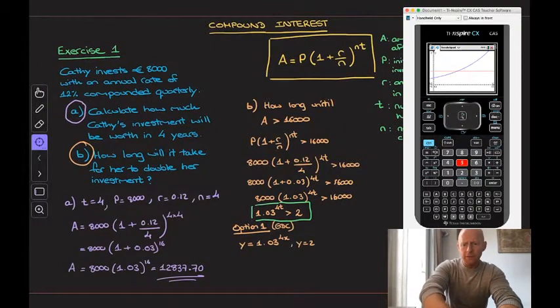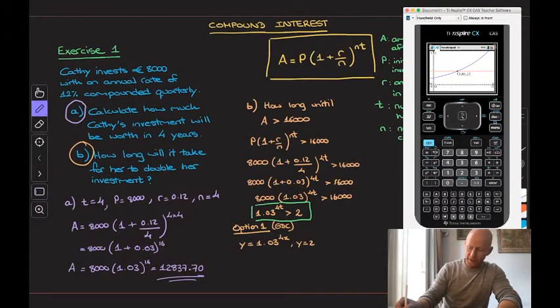So if we look for that point of intersection, I go to Menu, and I go to Analyze Graph, fourth option, Intersection. For the lower bound, I just go anywhere to the left of the point, I click, and for the upper bound, anywhere to the right, and I click. And we found the point, right? The x-coordinate is 5.86.